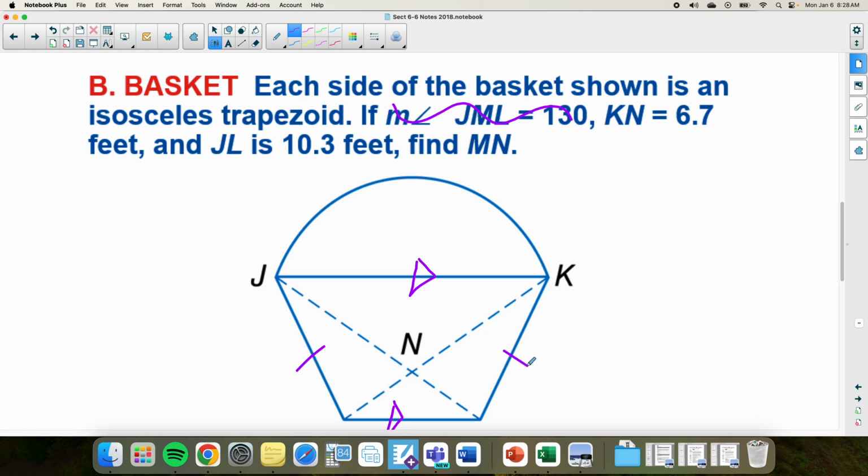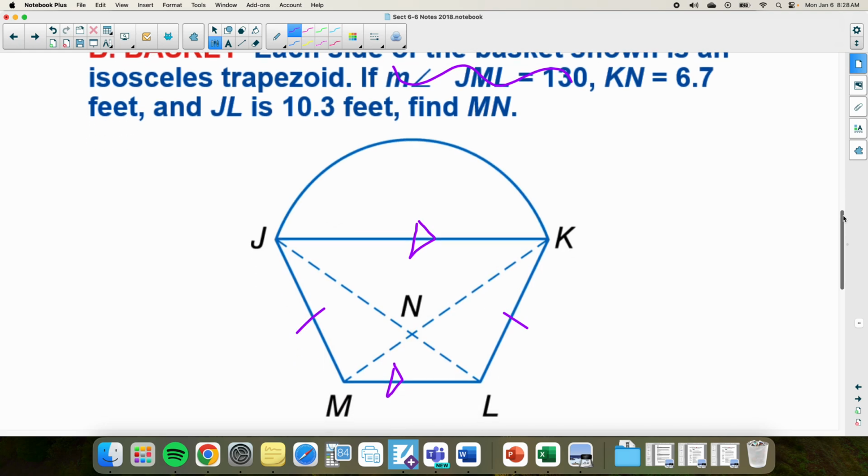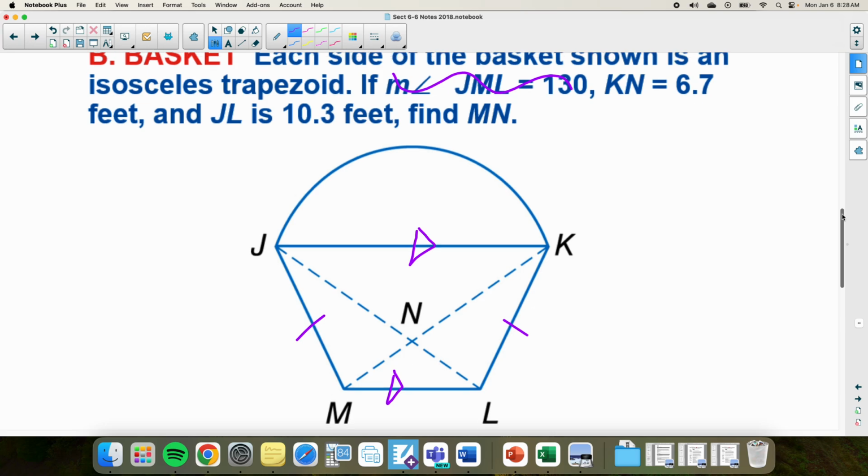And they tell us here that KN right here is 6.7, and that's the length of this section of the diagonal. And that JL, which is this whole thing, the whole thing here is 10.3.